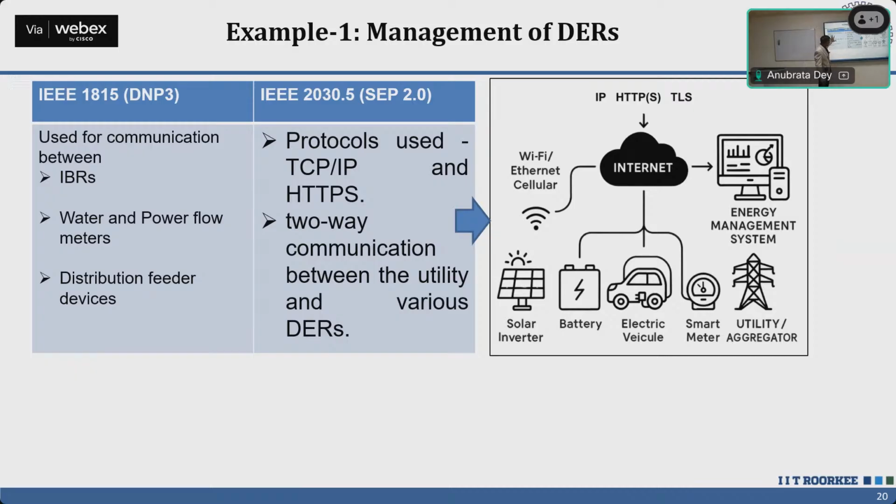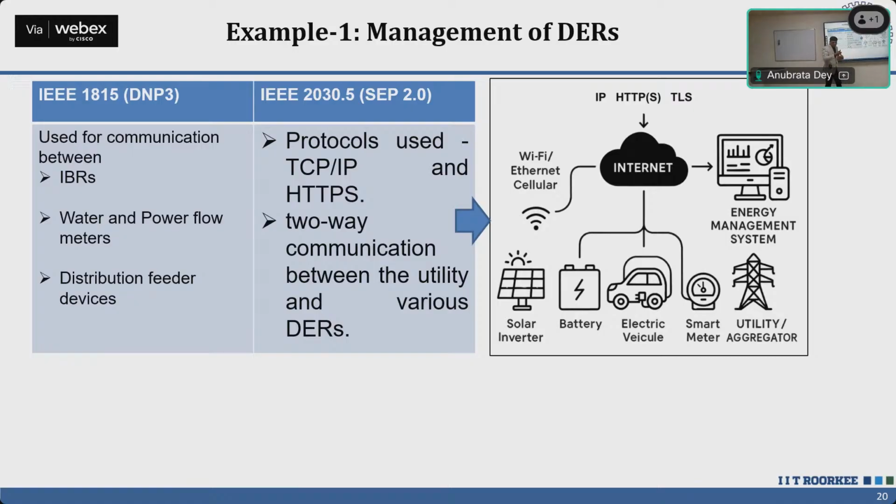Now this is the utility side. If you look at the consumer side, they use IEEE 2030.5. This protocol is also known as SEP 2.0, where SEP means Smart Energy Profile.